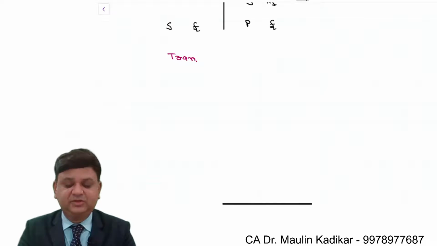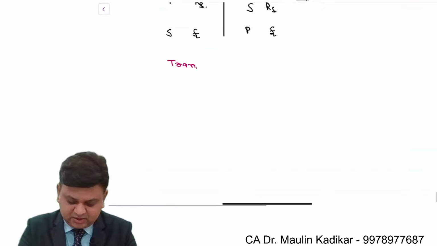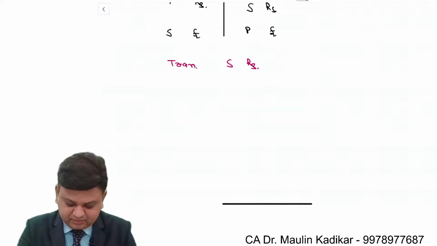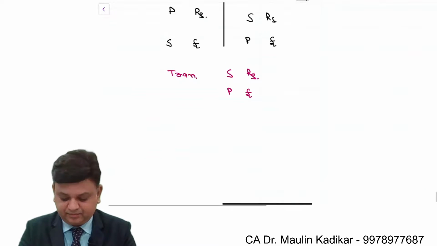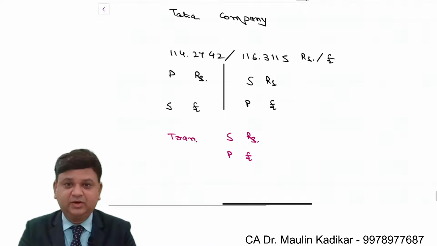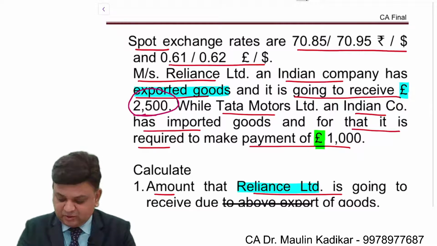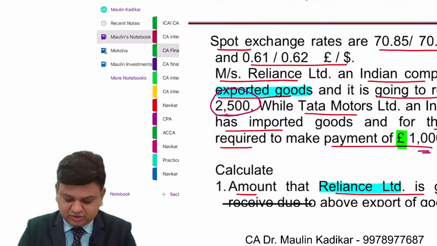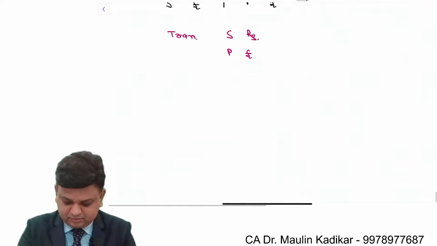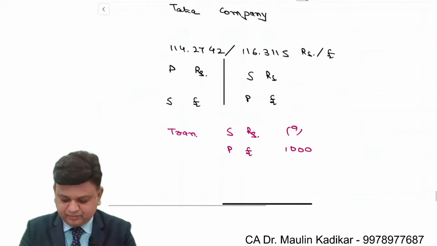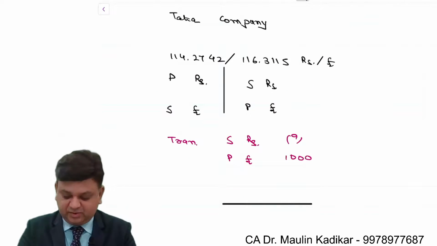The transaction we are interested in is conversion of rupees into pounds. Why? Because we have imported goods and the amount of the consideration is 1000 pounds. So sell rupees and purchase pound; this is the rate which is applicable.